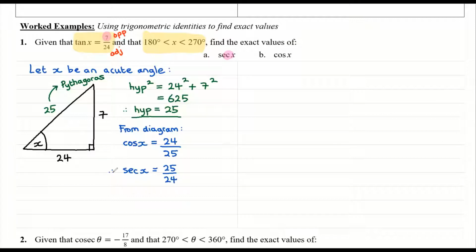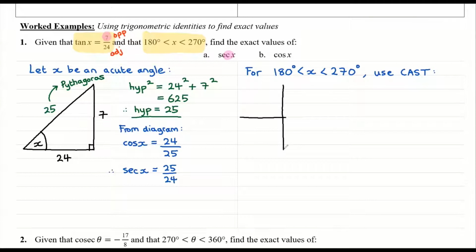So now let's move over to answering the question. For x as an angle between 180 degrees and 270, we're going to use CAST. Right, so let's draw a CAST diagram now. They've been very useful, these diagrams, over the last year or so.